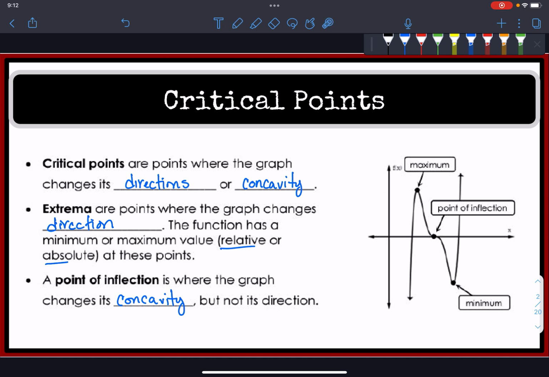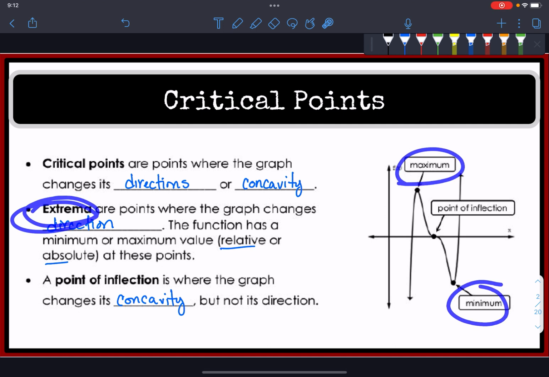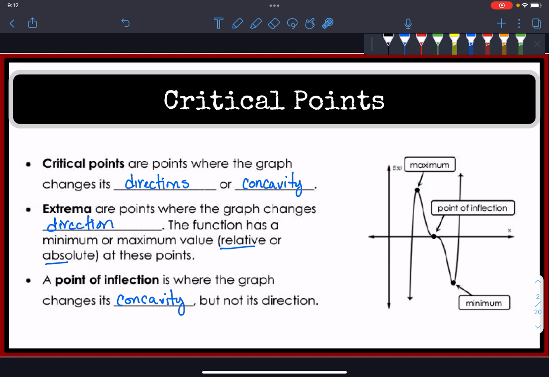Now we're going to be focusing on the extrema today and how we use these critical points to identify where the graph is increasing or decreasing. So let's talk about those critical points.